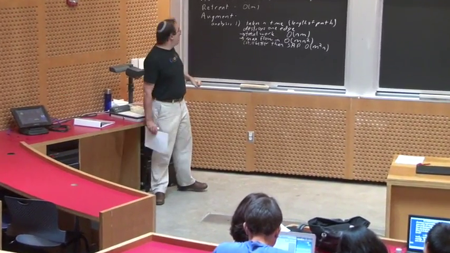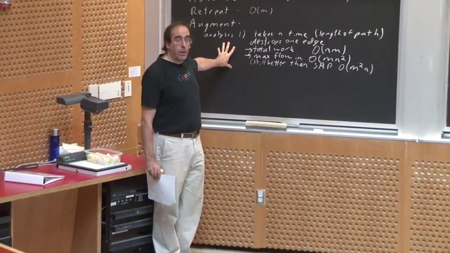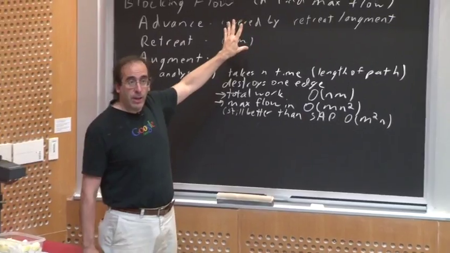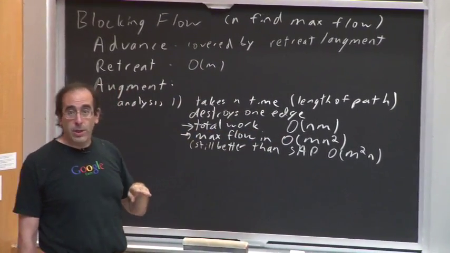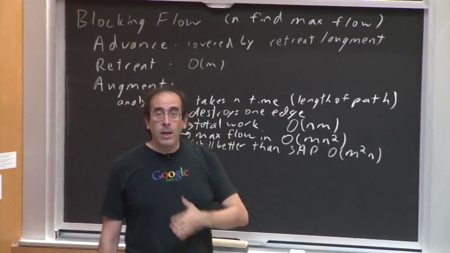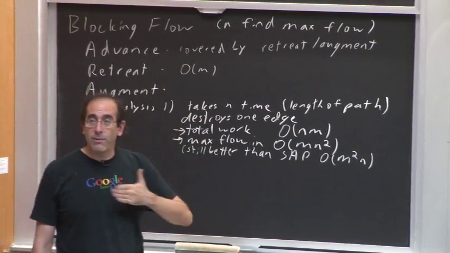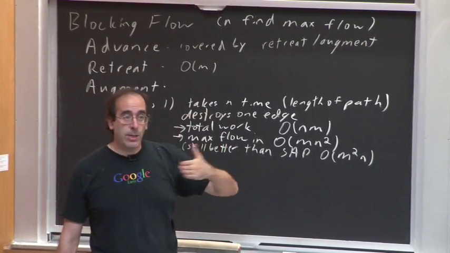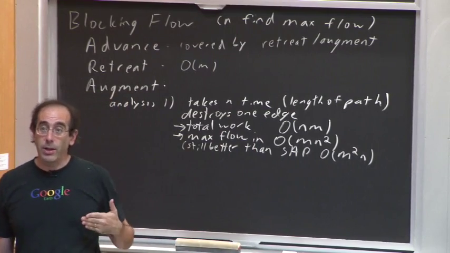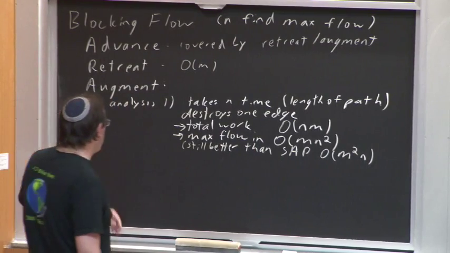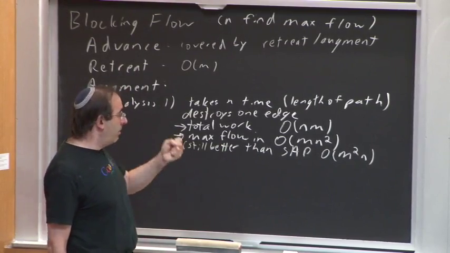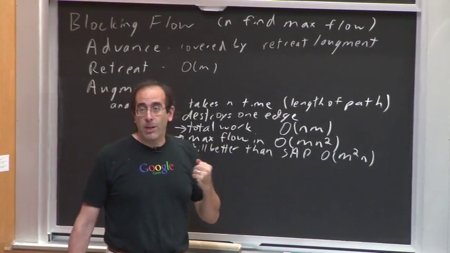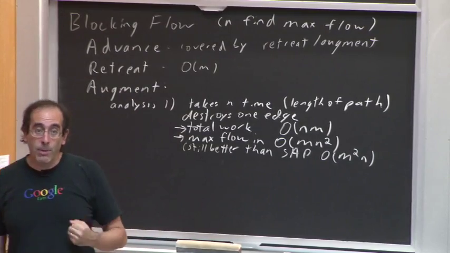In a sense, the blocking flow algorithm reduces that m work of finding an augmenting path and saturating it to n work to saturate the augmenting path, because the finding is now spread out over all of the different augmenting paths that you find in the admissible graph during a blocking flow calculation. So blocking flow spreads out a bunch of the work and really gets the main work down to n per augmenting path instead of m per augmenting path.